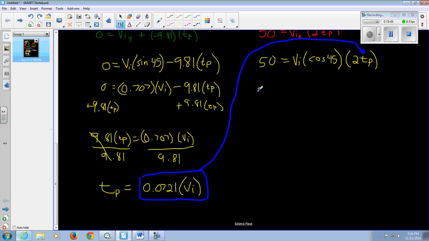And then this equation becomes 50 equals VI times cosine of 45. Cosine of 45 is equal to 0.707 also. Times 2 times your time to peak.